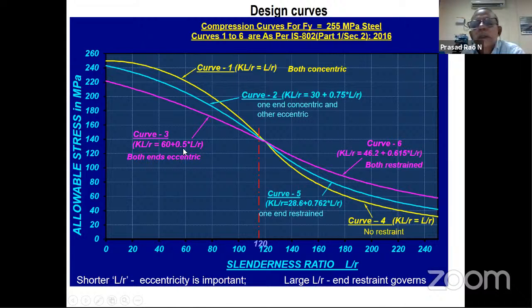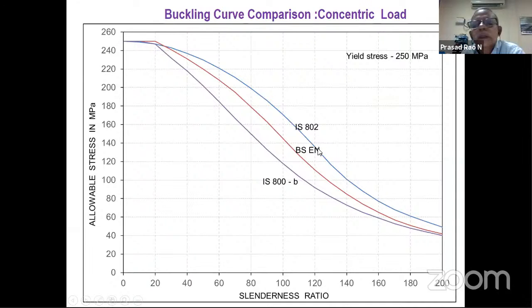So why is IS 800 not being used, only IS 802? This is an industry-driven code. We tried to have a unified code of IS 800 instead of IS 802, because all steel structures are governed by IS 800. The industry argues that since we are going for testing, they don't want to go for IS 800.